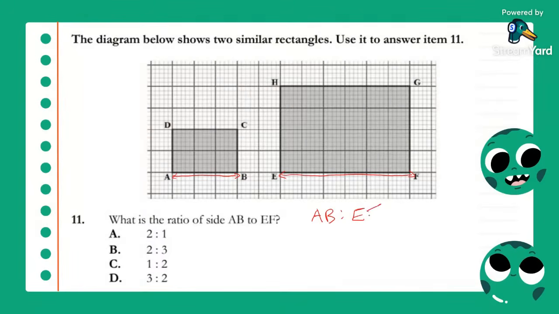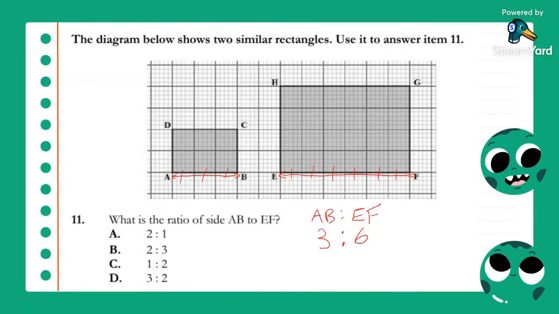The length of AB would be how many units? Count with me. How many units? The length of AB. 1, 2, 3. And the length of EF would be 1, 2, 3, 4, 5, 6. 3 to 6.